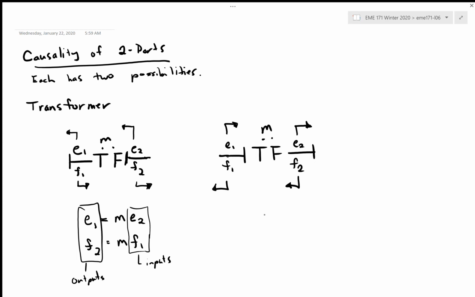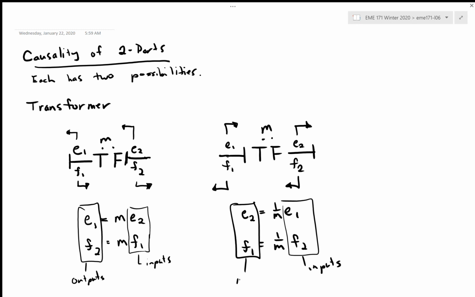So that just swaps the inputs and outputs, and then we would see that E2 is now the output, and we would write our equation like so, and F1 is the output here. So we have our inputs and outputs. Those are the two possibilities for the transformer, and if an effort is an input on one side, it has to be the output on the other side, and same for the flow. Right.